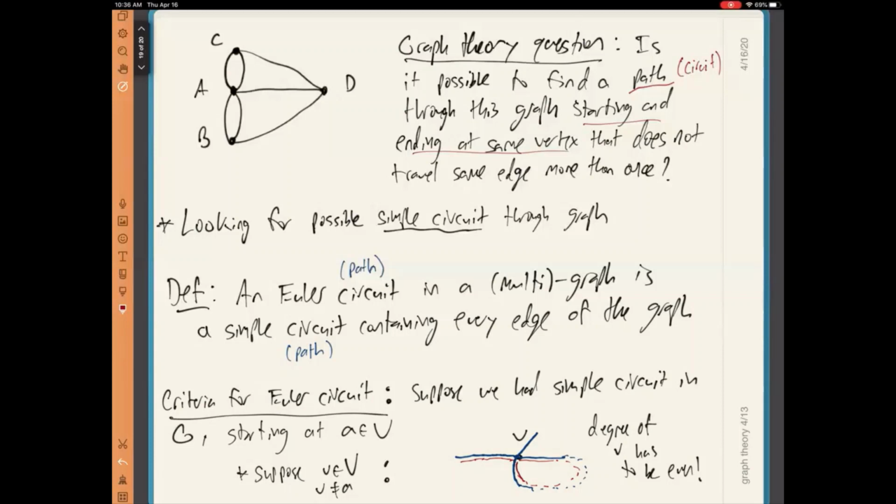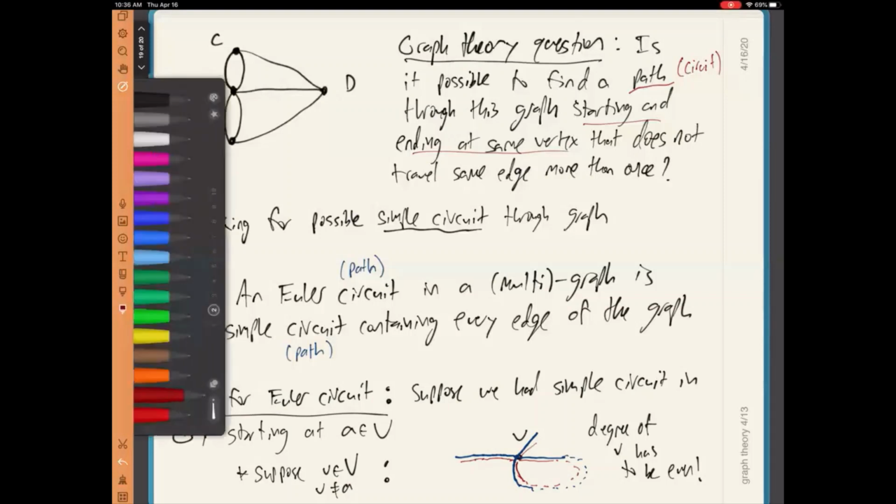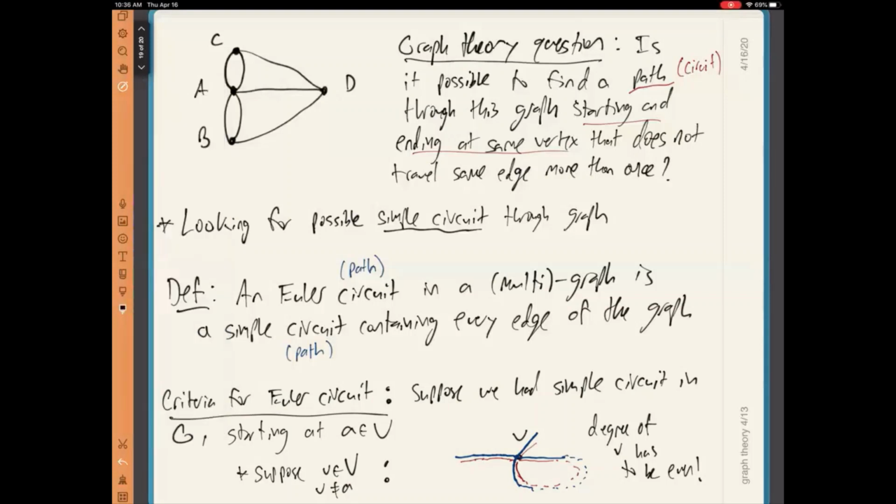So it's possible to have a circuit through a vertex of odd degree, but the only way for the path to cross through a vertex of odd degree is if eventually you repeat one of the edges. So the only way to avoid repeating one of the edges is if you have an even degree. And so therefore, in a simple circuit, any vertex that is not the starting point has to have even degree. So that's a very important property that we'll be using a lot today in the lecture.